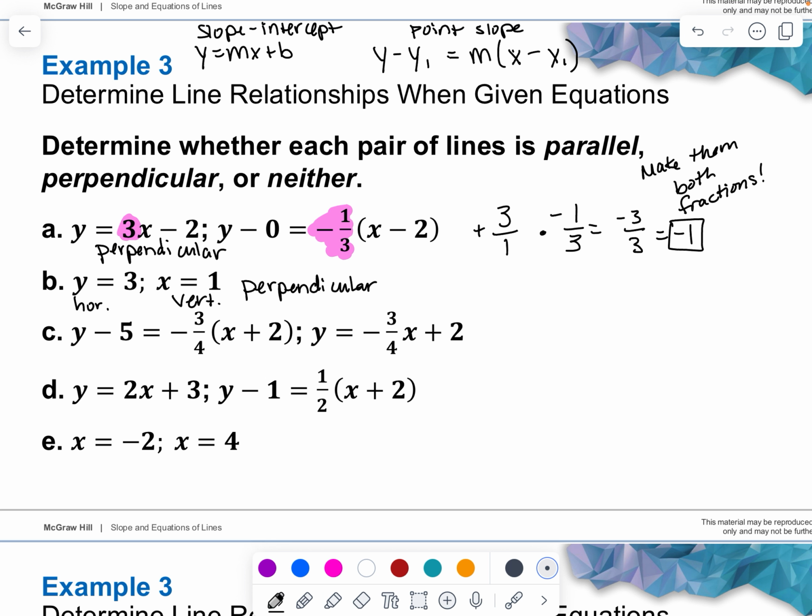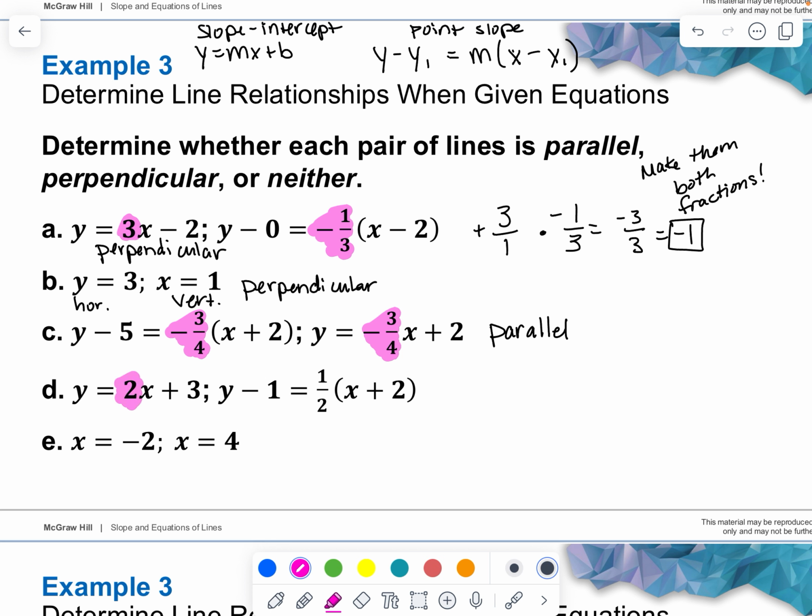All right, next one. Ooh, got another point slope there with a slope right there and a y equals mx plus b. There's our slope. They are the same, so they are parallel.